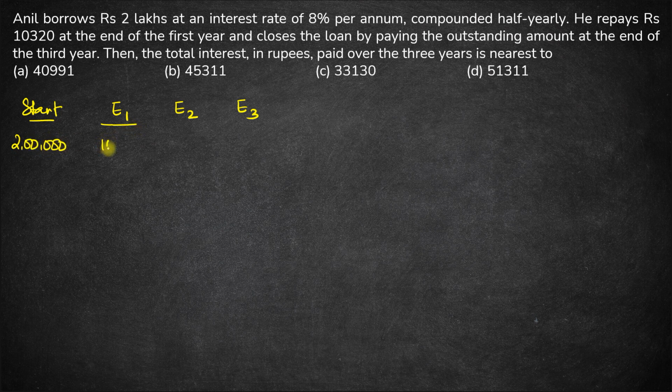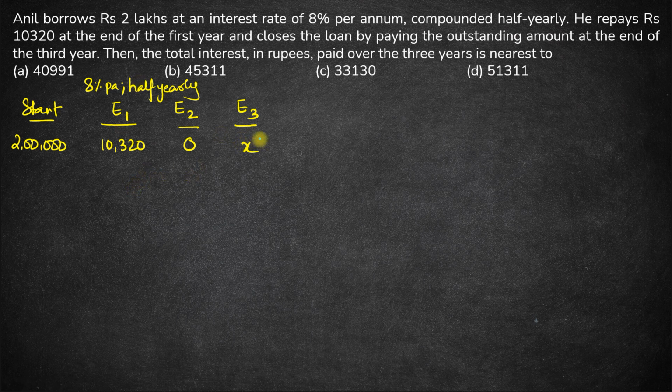At the end of first year he pays back 10,320 and at the end of third year he pays some amount, let's say X. He pays nothing at the end of second year. And the interest is calculated at 8% per annum, but this is compounded half yearly. Now we have to figure out the interest accumulated for the whole time period.